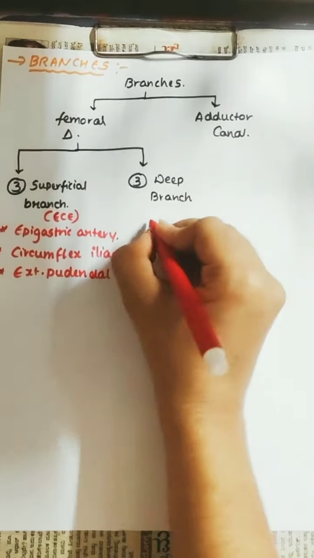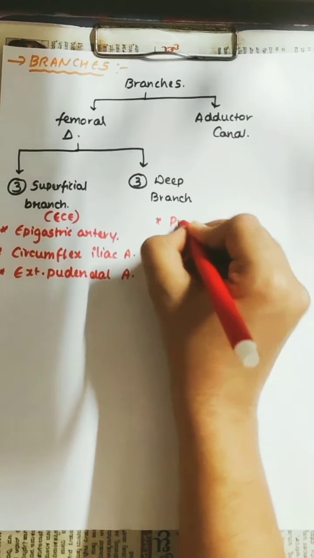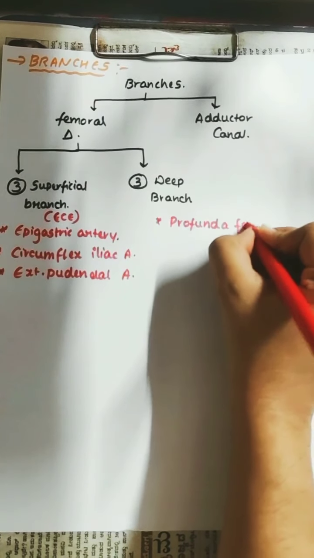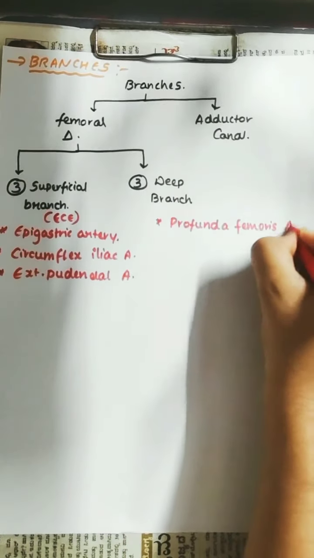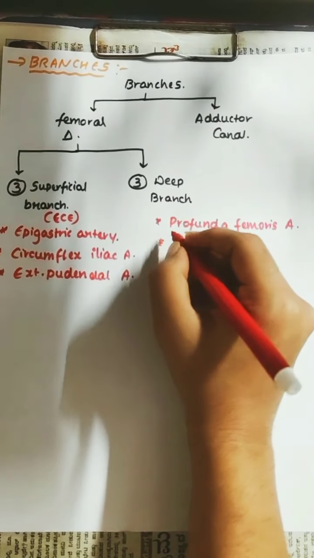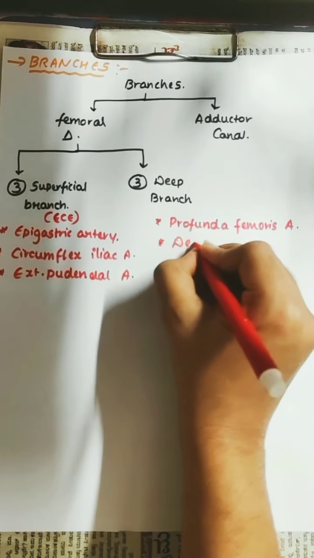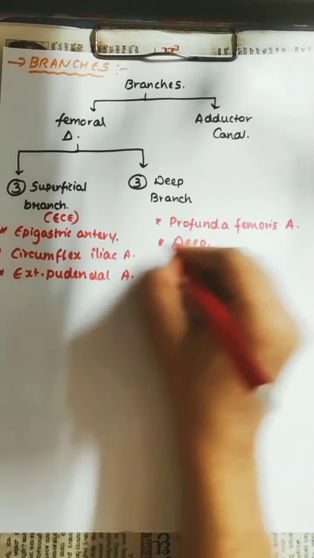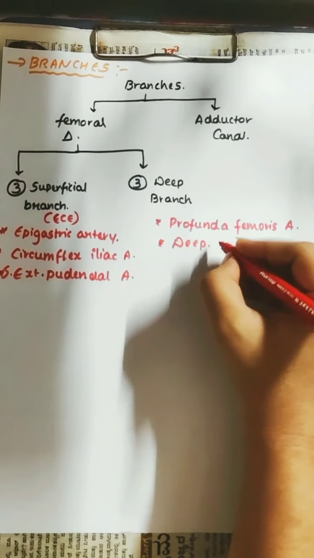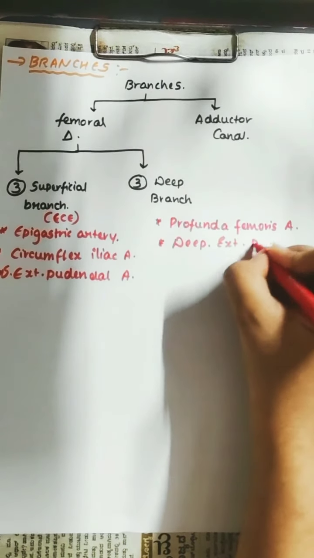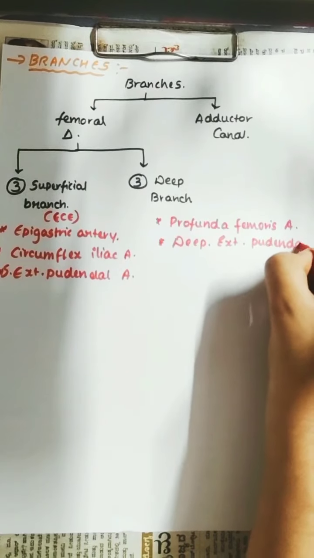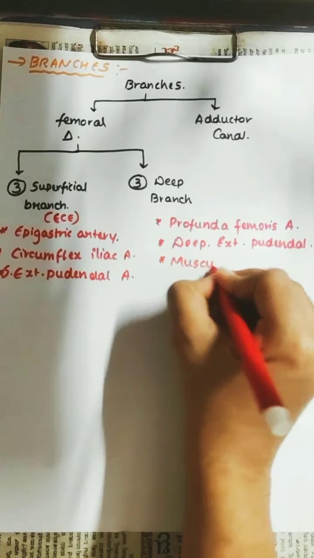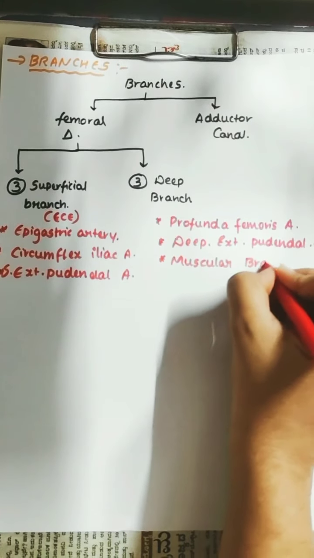and some muscular branches. So profunda femoris artery, deep external pudendal artery, here there is the superficial external pudendal artery, I'll write S here, and some muscular branch.